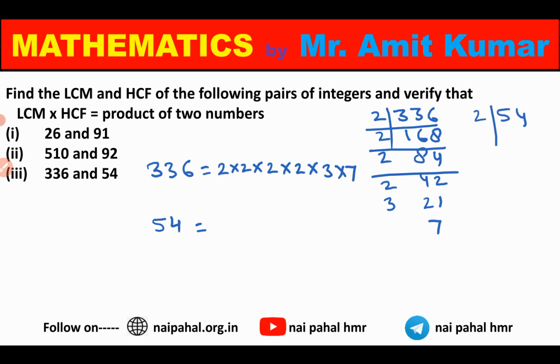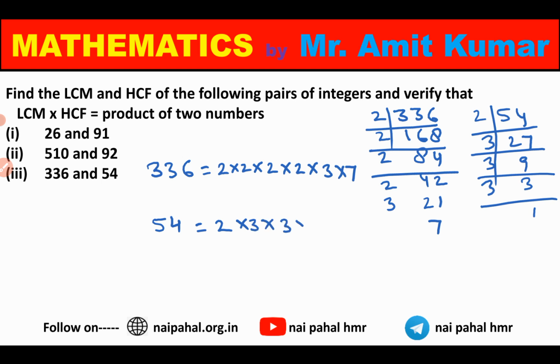For 54, divisible by 2, 27, divisible by 3, 9, divisible by 3, 3, divisible by 3, 1. 2 multiplied by 3 multiplied by 3 multiplied by 3. And here we have only 2 as common. So HCF will be, one more thing is in common, 3. HCF is equal to 2 multiplied by 3 is equal to 6.